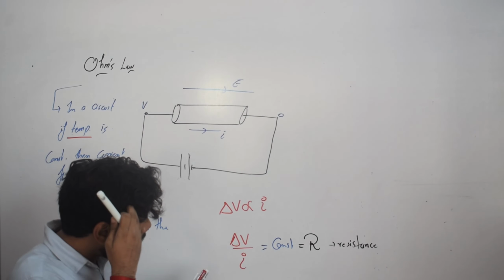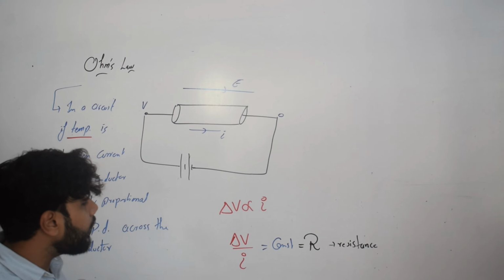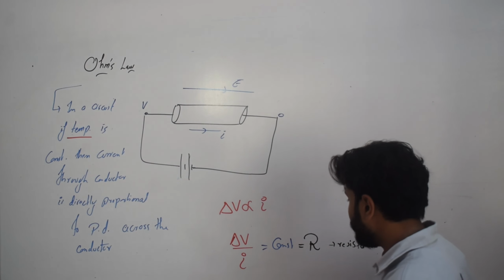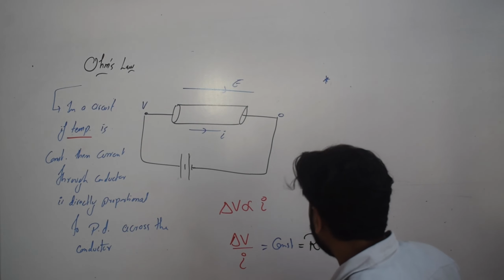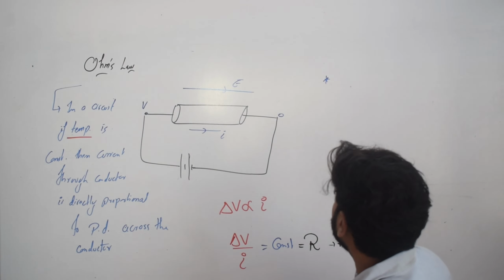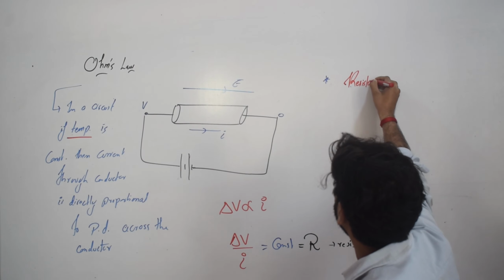Means even though we can see that R is V over I, R will be independent of potential difference and current. And you might think why is that and how is that, but I'll tell you in a minute, don't worry. So let's first discuss what is resistance before we proceed.